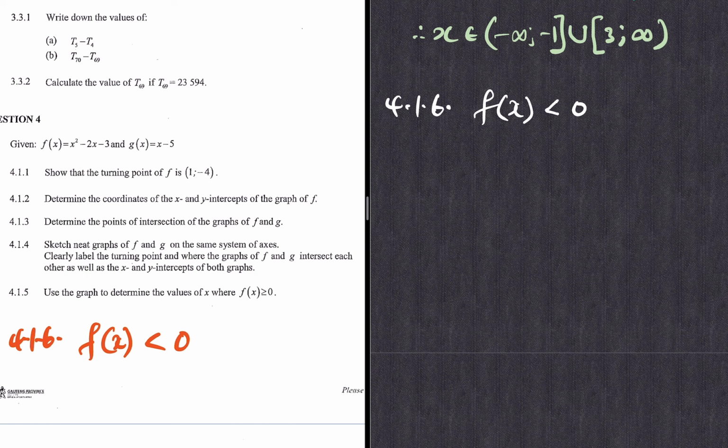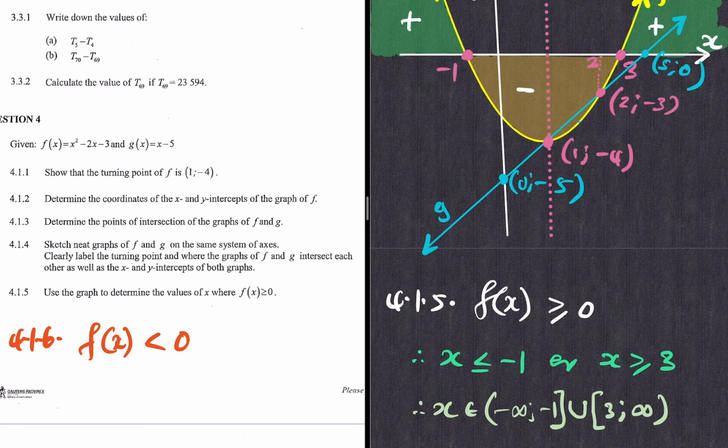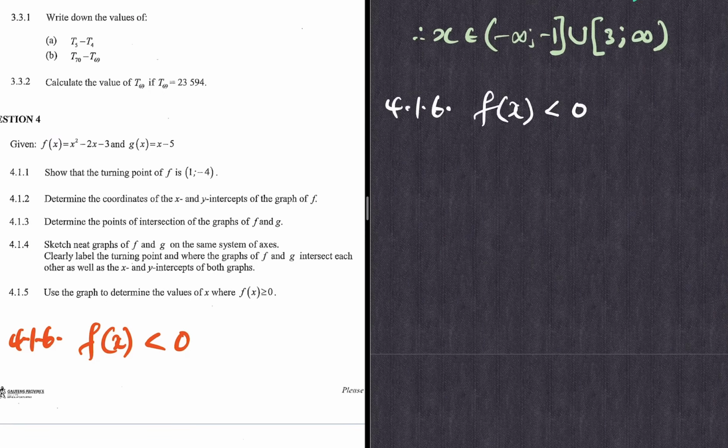Look, by the way, I'm saying less than 1. I mean less than 0. So less than 0 is exclusive. That means you must not include your bounds. In this case, it's going to be in between -1 and 3. That's where the graph is below the x-axis, or is less than 0. That means negative. It's basically the interpretation.